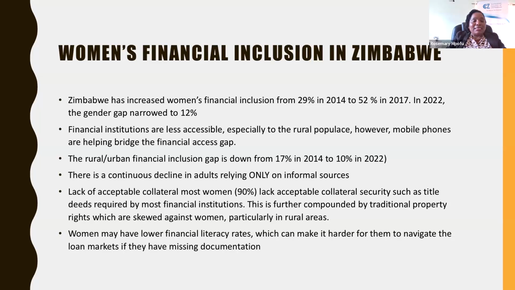Therefore, the land is said to be his land, but not the woman's land. Government is trying to regularize that and to encourage women to own property and land, but it's taking a long time.